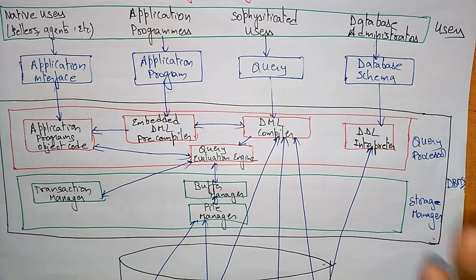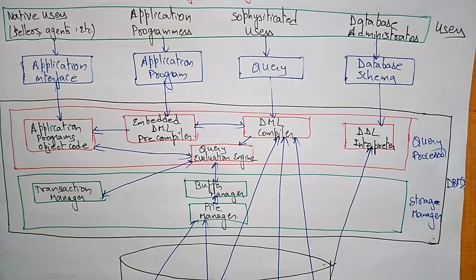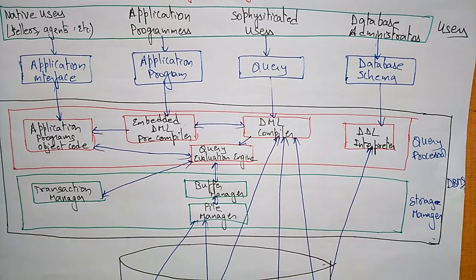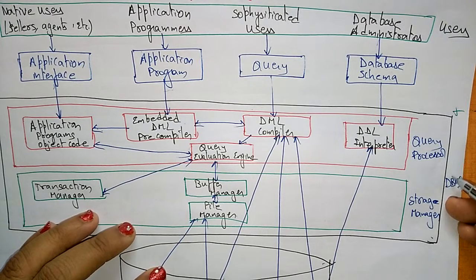What is happening inside you don't know. Whenever you open the screen or upload files, that is done with the help of application programs. Application programs are nothing but programs written in a high level language, and those programs are linked with the database management system.